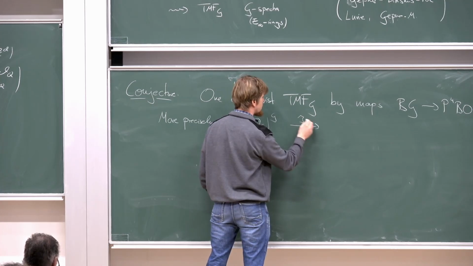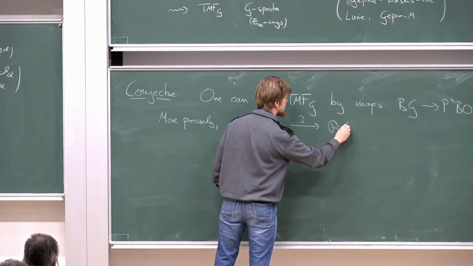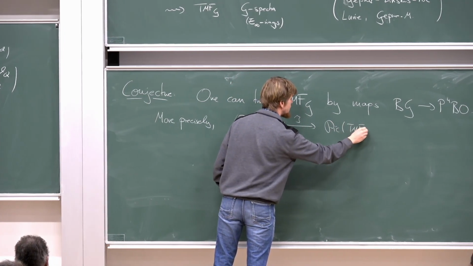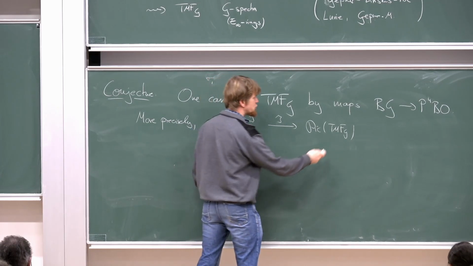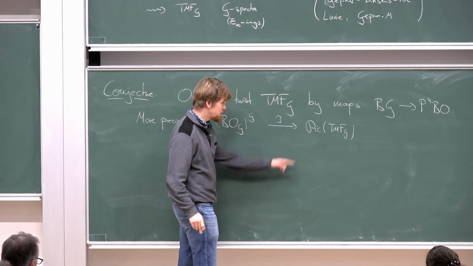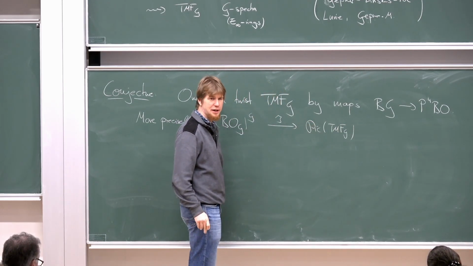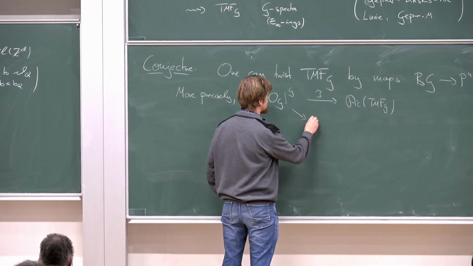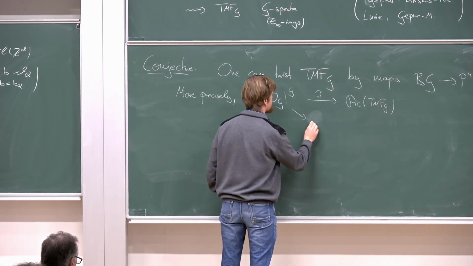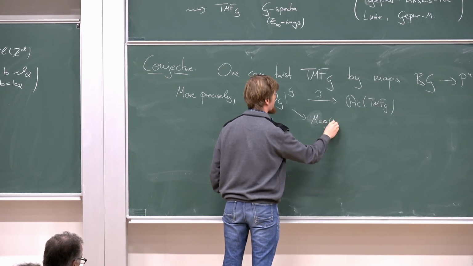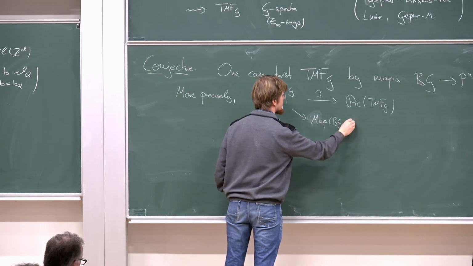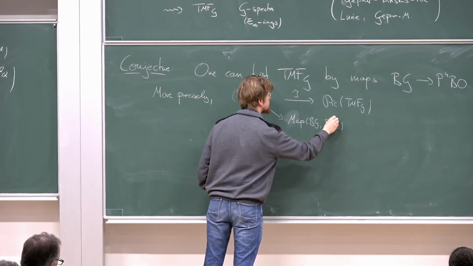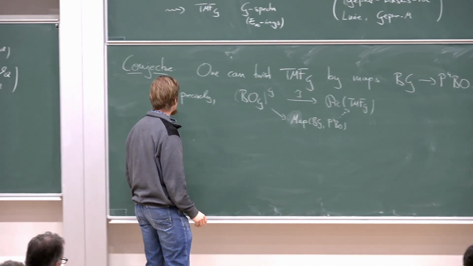There's also the J-homomorphism, which goes to the Picard space of TMF_G. And whether I put G-fixed points here or not depends on what you mean by Picard space. I would mean a classical Picard space, not a G-equivariant space here. And then you might conjecture that this factors.